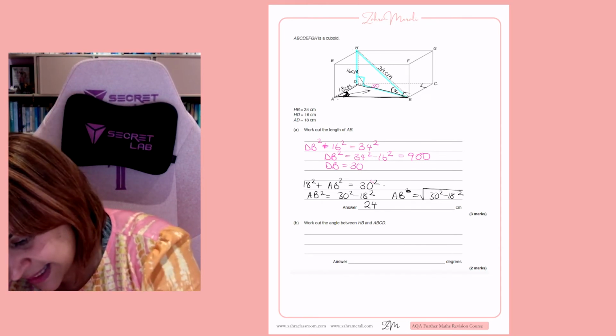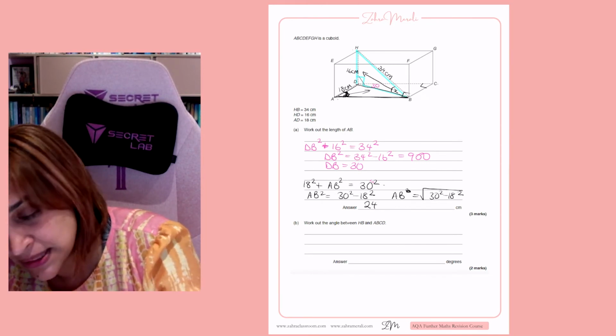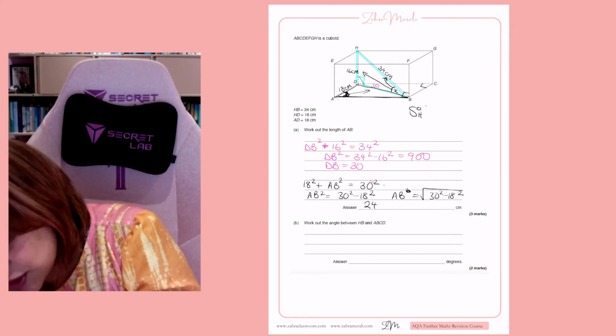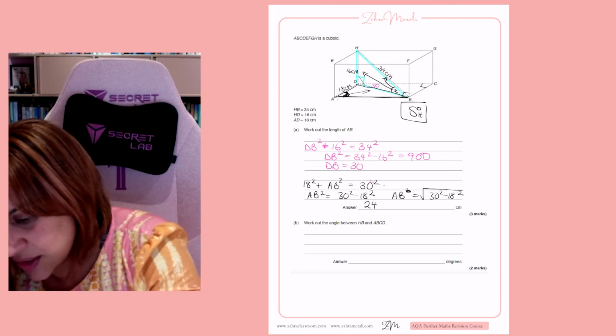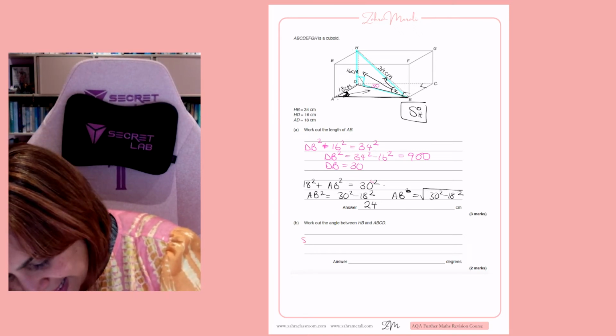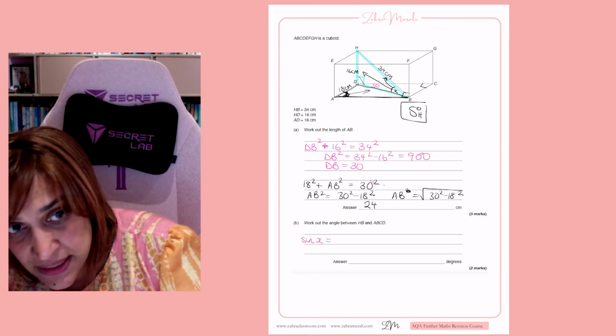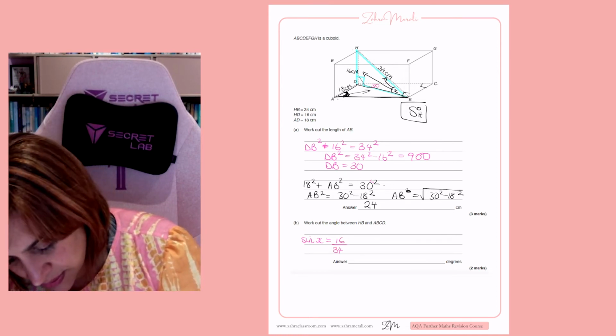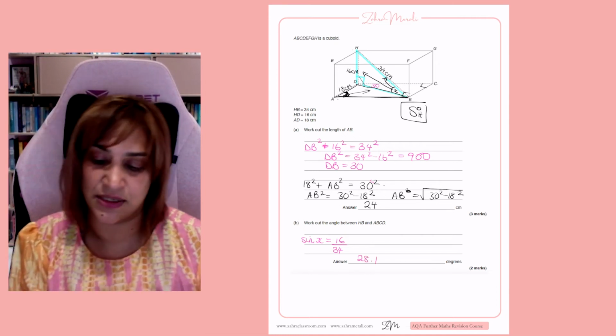If I take this triangle, I know the opposite and I know the hypotenuse, so I'm going to use sine. Sine x is opposite over hypotenuse. So sine to the minus 1 is going to give you 21.8 degrees.